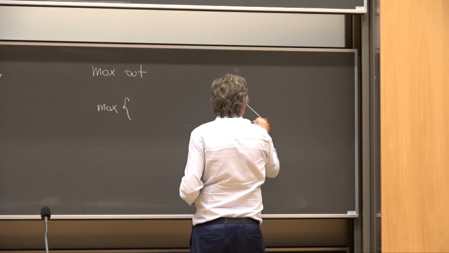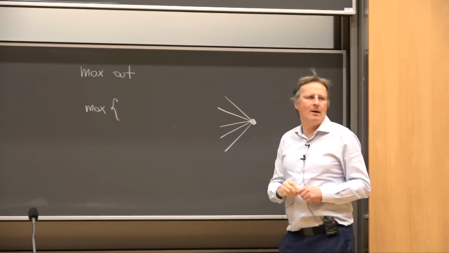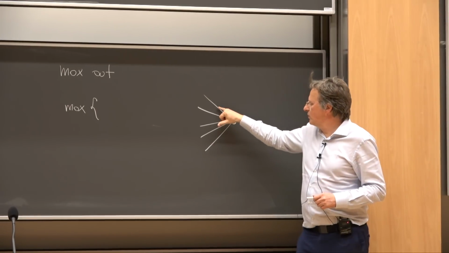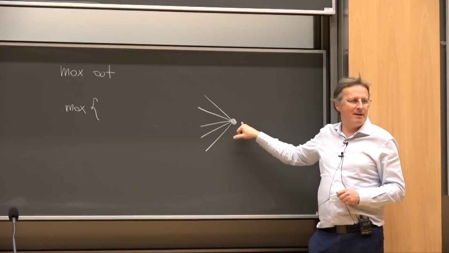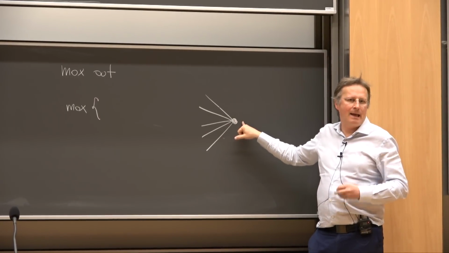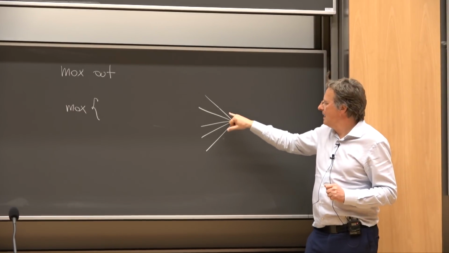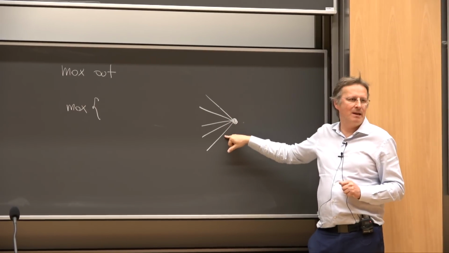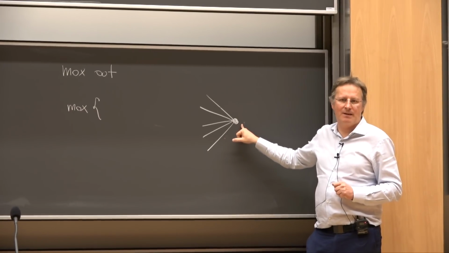The idea is basically like this. Think of this node here. You typically take a weighted sum of these inputs, add a bias term, and then apply the nonlinearity. Now what we do is the following: we take several linear combinations with several different bias terms, and then take the max of that.